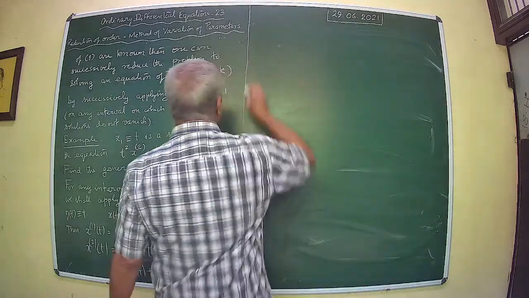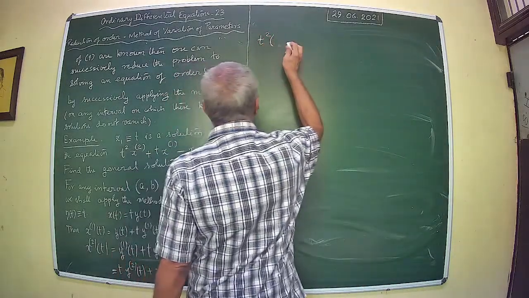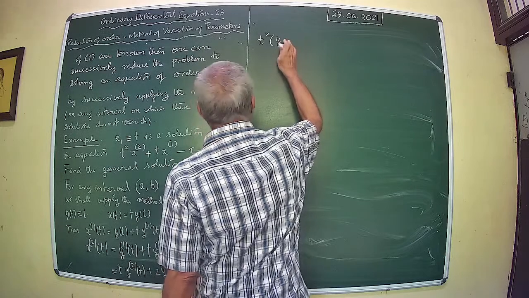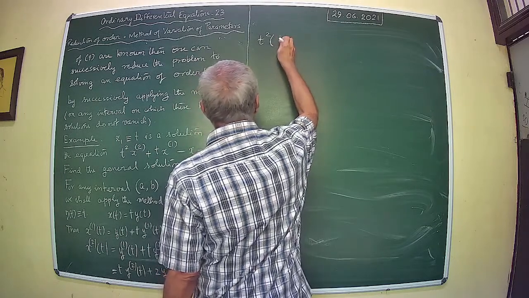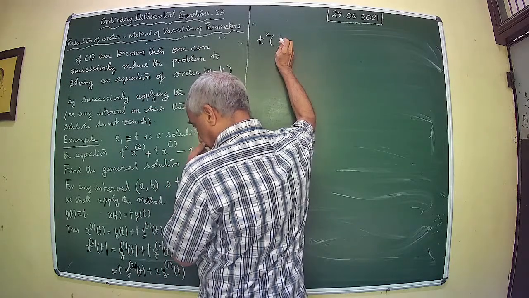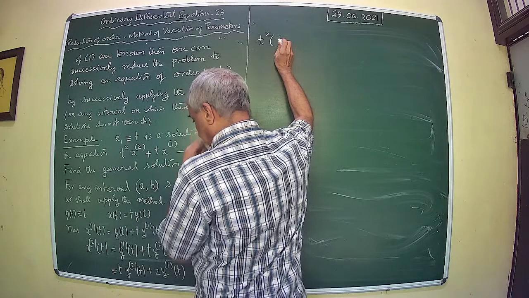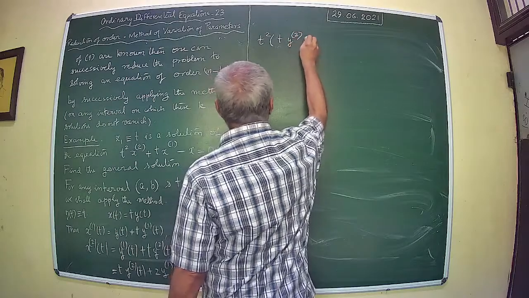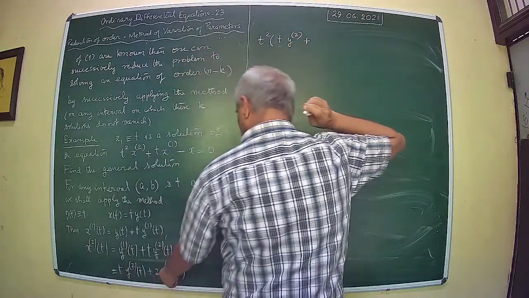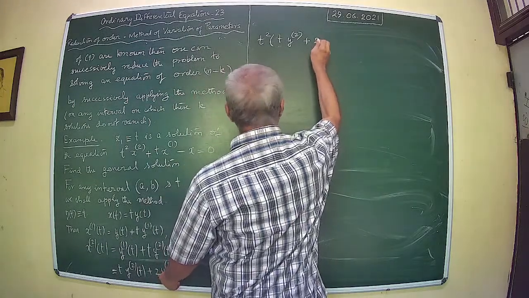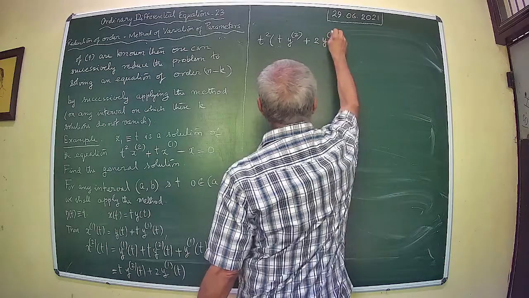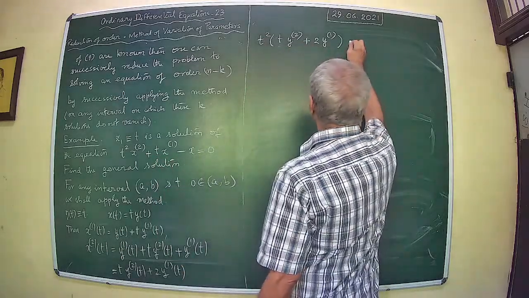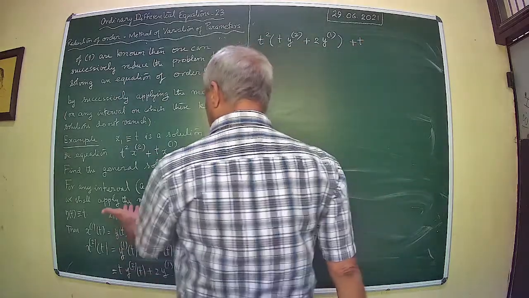So t square into y, into y derivative, into what do you get?